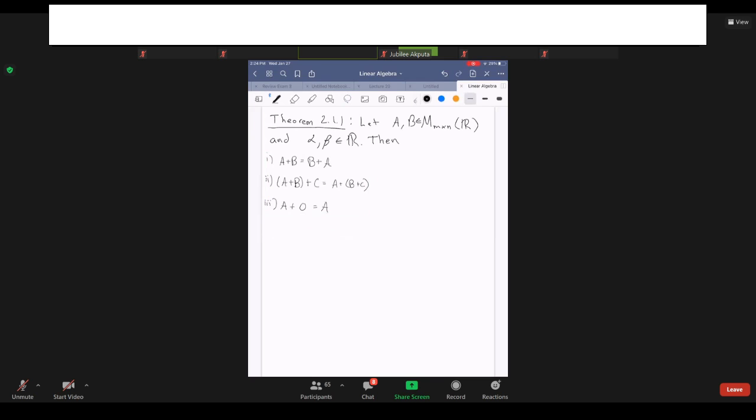The other one is alpha times A plus B. Scalars distribute. So alpha A plus alpha B. Also, it's linear in the sense that if we multiply by alpha plus beta, we get this. And then last but not least, you can associate scalars as well.